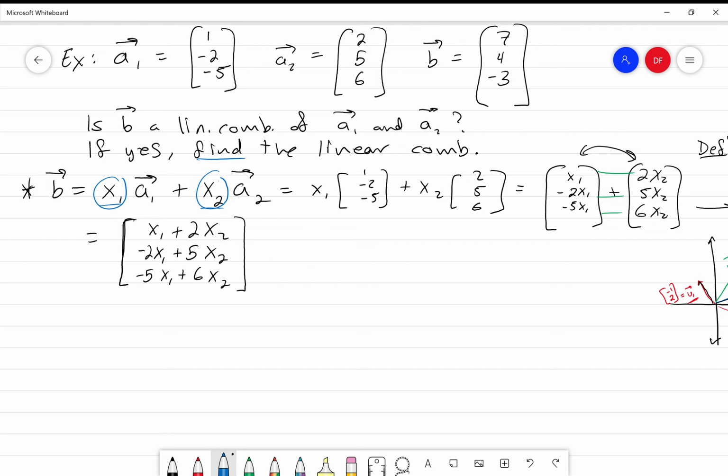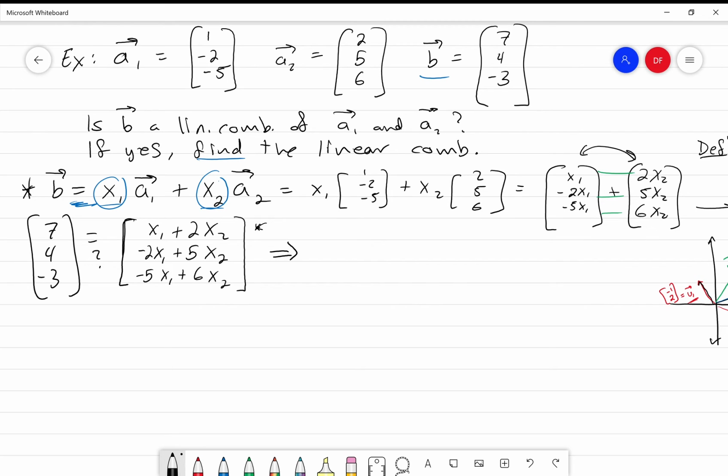And so here I have b equals this formula. So b is 7, 4, negative 3. And I'm asking, does it equal this matrix here where x1 and x2 are numbers? And if yes, I need to find x1 and x2.